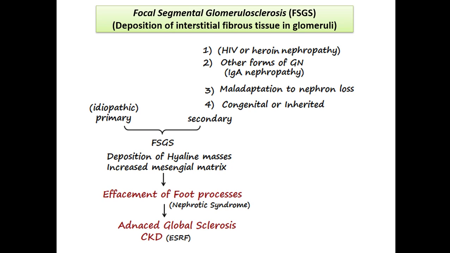The disease initially occurs focally in a few glomeruli, then more and more glomeruli become affected, and there will be advanced global sclerosis. When more than 75% of the nephrons are damaged, the patient will progress to chronic kidney disease and end-stage renal failure.